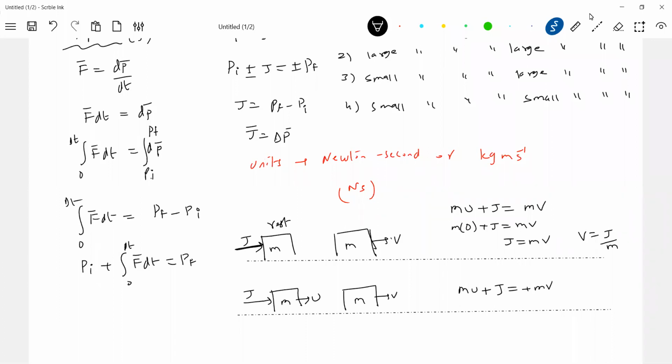So when to give the sign: if the final momentum is in the direction of initial momentum, the final momentum should be taken positive. If the impulse acting on the system is in the direction of initial momentum, then the impulse should be taken as positive.